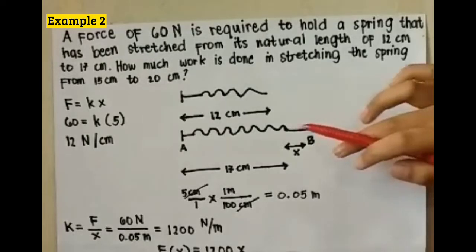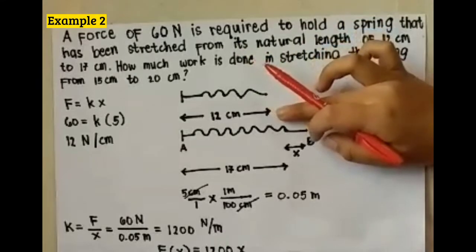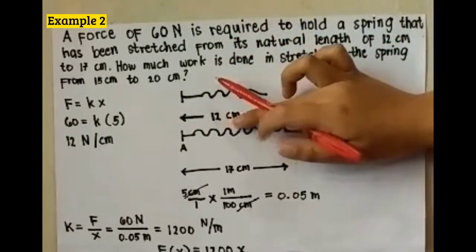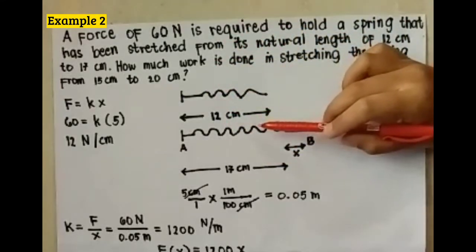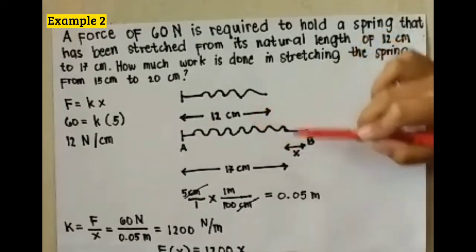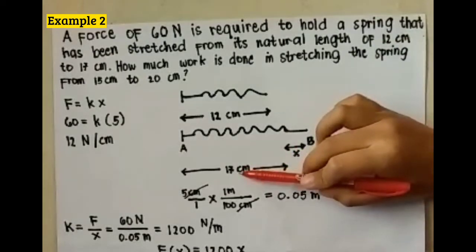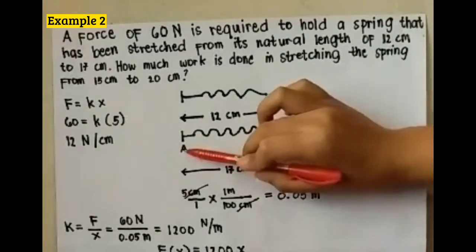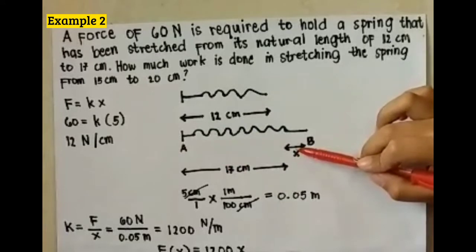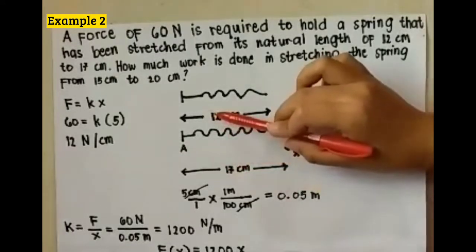So let's say this is the natural length of the spring, 12 centimeters, and we stretch it beyond its natural length. The total distance between point A and point B is 17. x is the difference between 17 and 12.